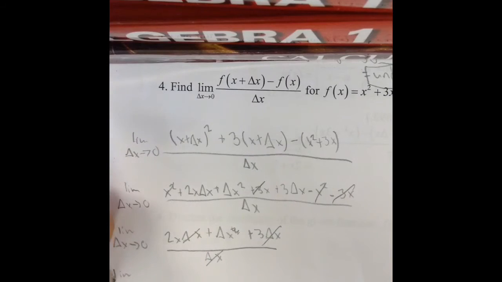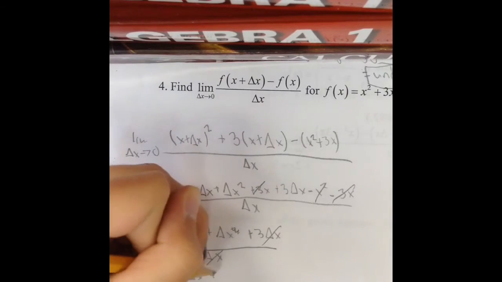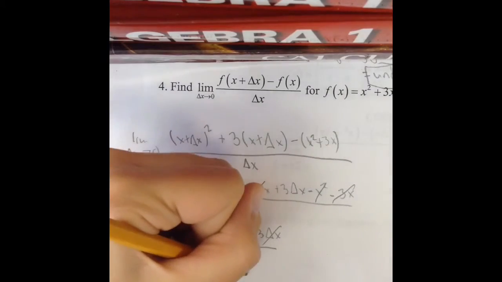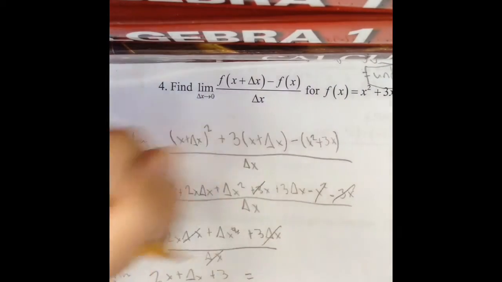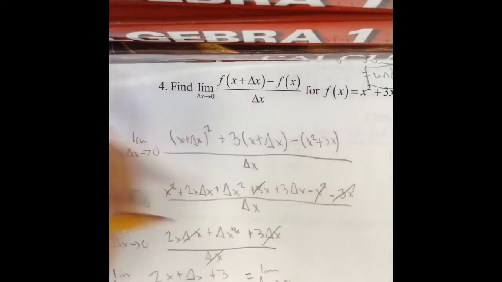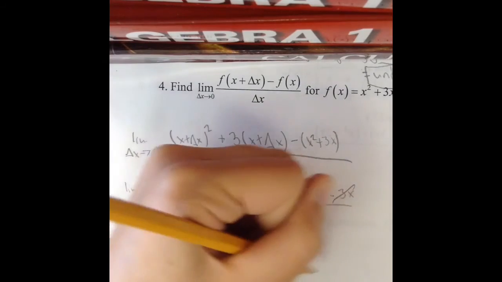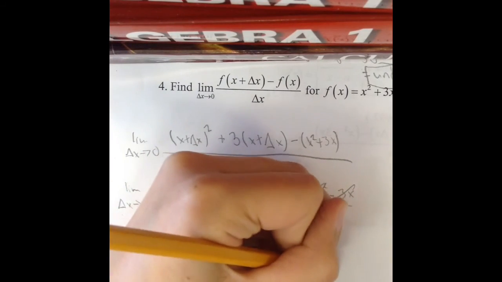So limit, as delta x goes towards 0, of 2x plus delta x plus 3 equals the limit as delta x goes towards 0, and our delta x, since it's going to 0, we'll just cross it out. So it equals 2x plus 3.